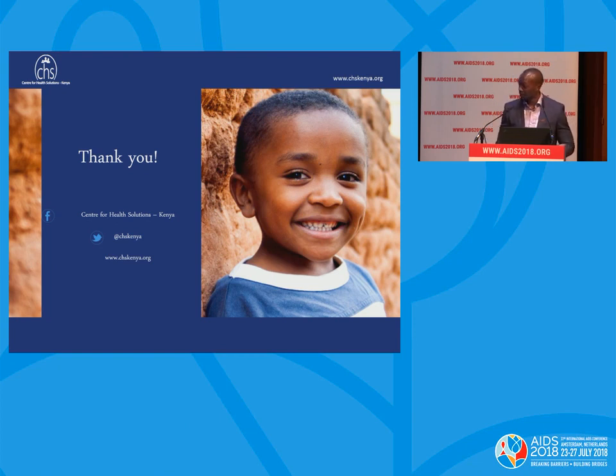Are there any interventions being planned after knowing the results of this cross-sectional study? Yes, correct. Some of the interventions are related to caregivers, so caregiver literacy, treatment literacy, and also ensuring that the adolescents have stable caregivers. We noted that quite a few of these adolescents did not have a stable caregiver because either the parent has passed on and they have a grandparent who also depends on other people for their care.